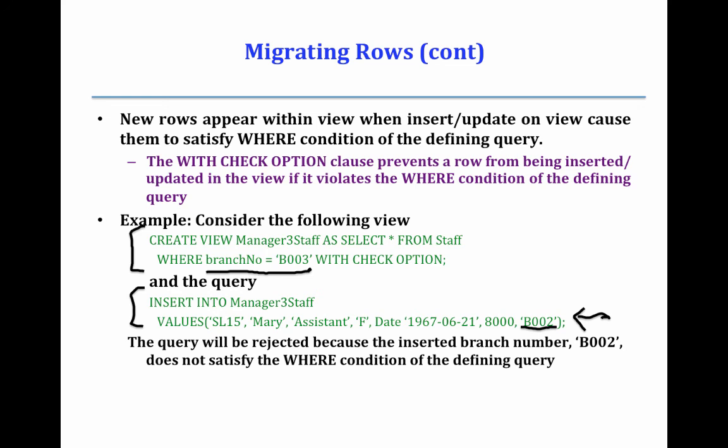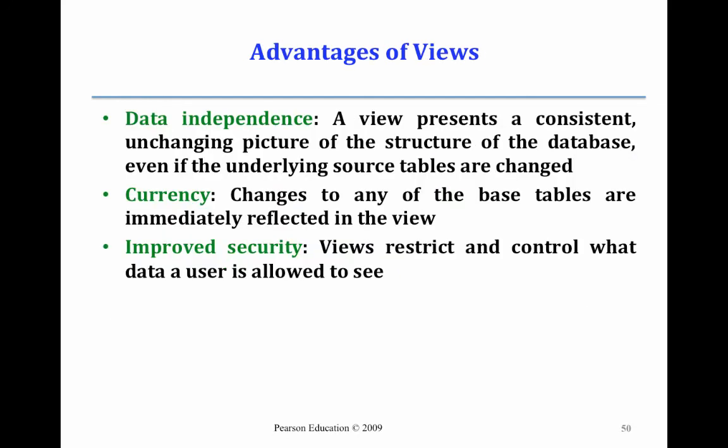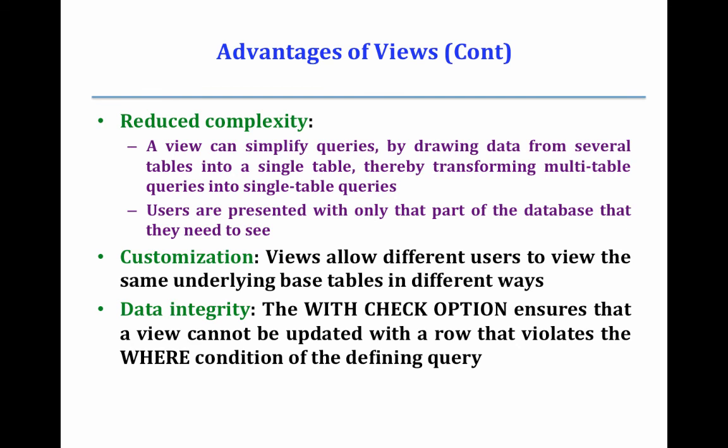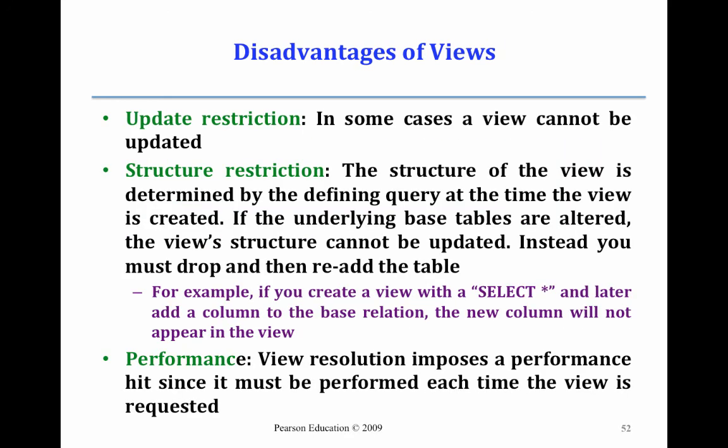Remember, when you update the base relation, it immediately updates the view. Well, this tuple violates the defining query, so it's not going to show up in your updated view. So that's what the with check option does. Doesn't let you perform what would be a so-called valid update on the base relation, but invalid on the view itself.